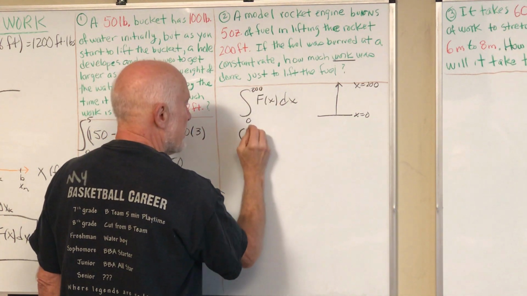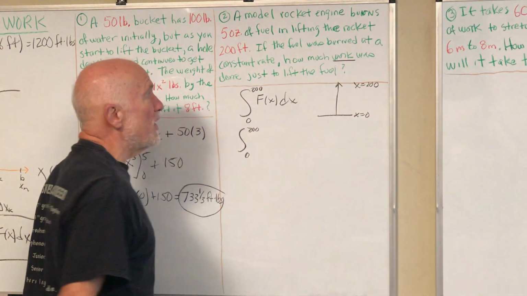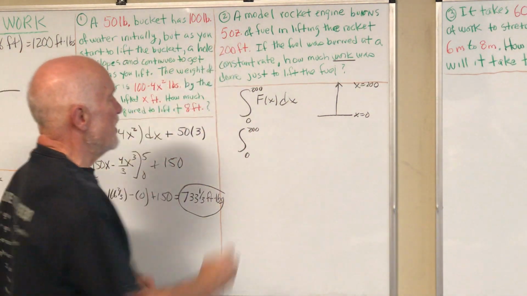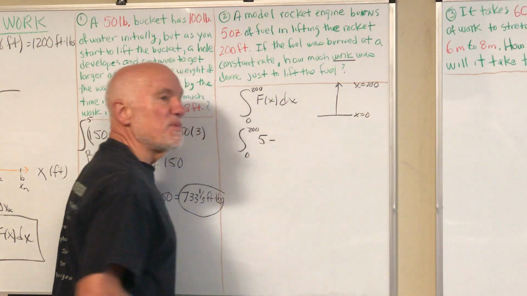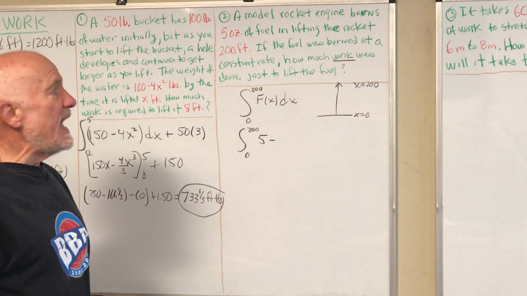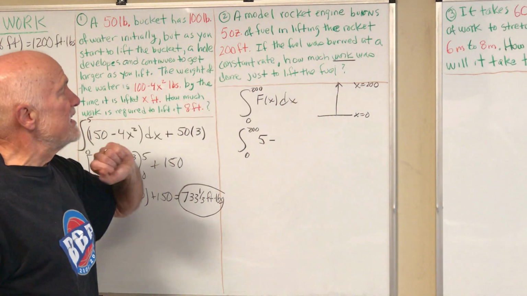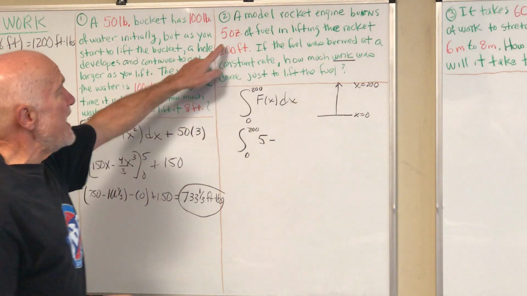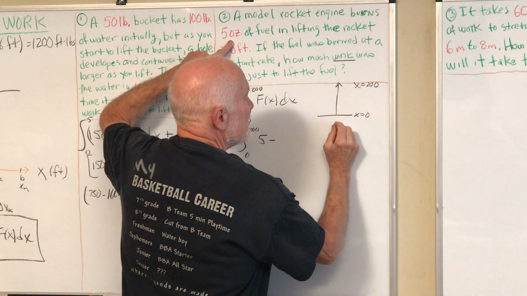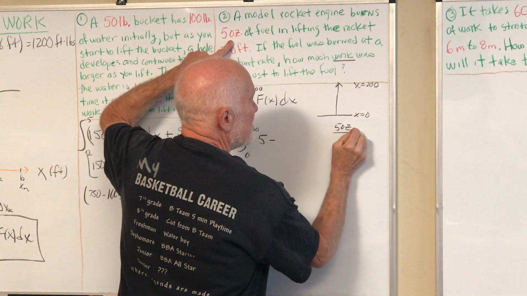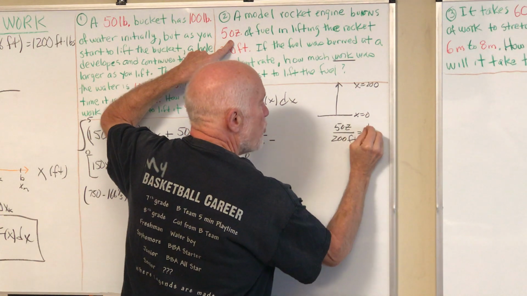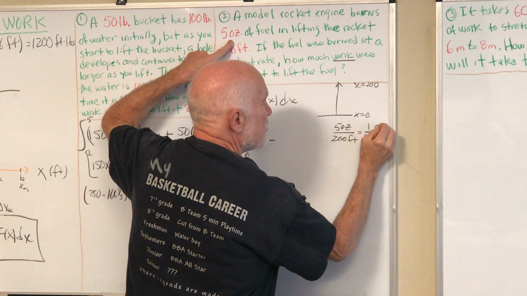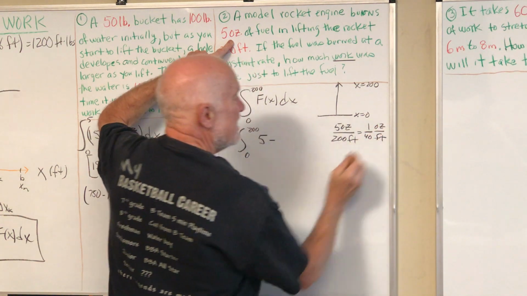Now, probably the trickiest part about this one is figuring out what the force is. Well, it starts out at 5 ounces, but then it's going to be reduced at a constant rate. So what is that rate? Well, it loses 5 ounces in a period of 200 feet, or 1/40th ounce per foot.